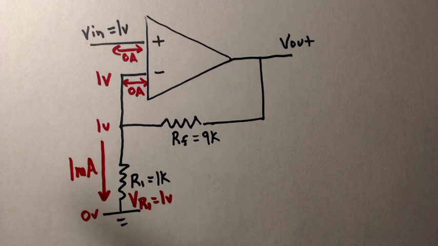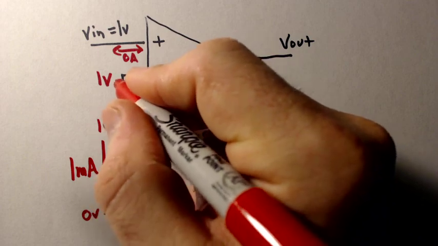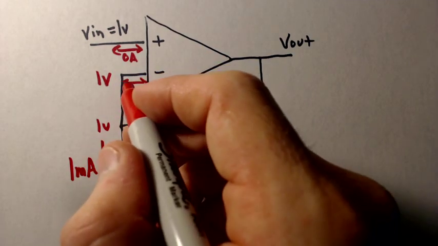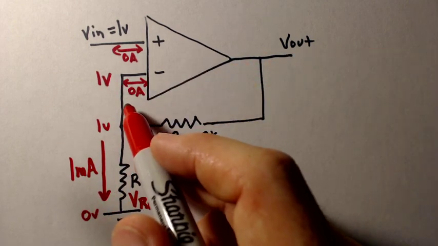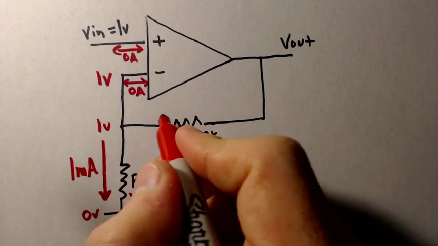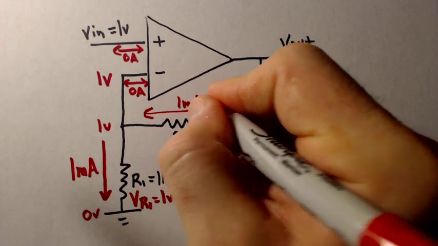Where did that 1 milliamp come from? It didn't come from up here because we have 0 amps going through this wire, right? Rule number 1 told us that. So rule number 1 is very useful here. No current. So this 1 milliamp had to have come from here, right?